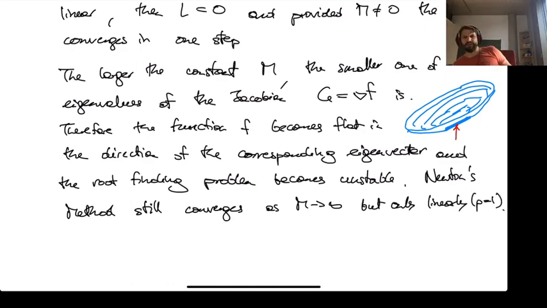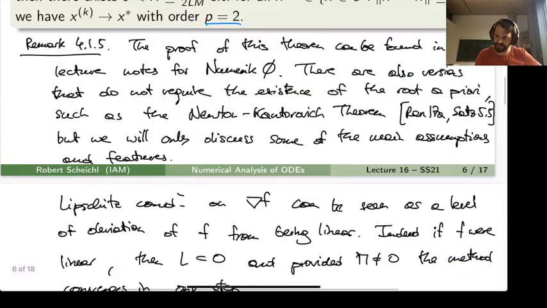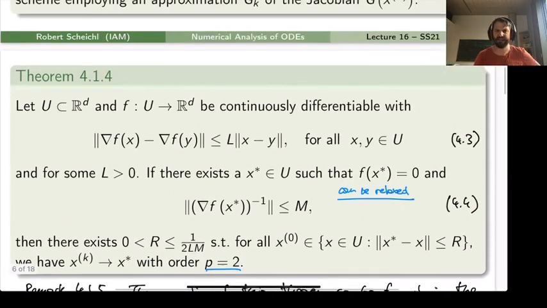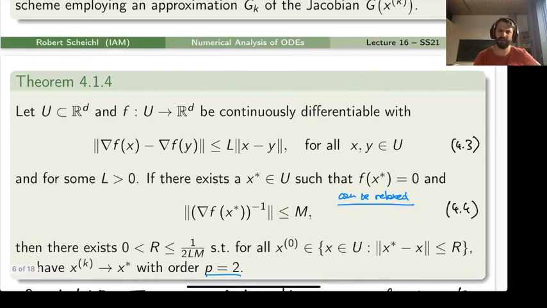So the situation where the second assumption in our theorem is not satisfied, as I said, can be relaxed. Newton's method can still converge, but it will only converge linearly in that case.